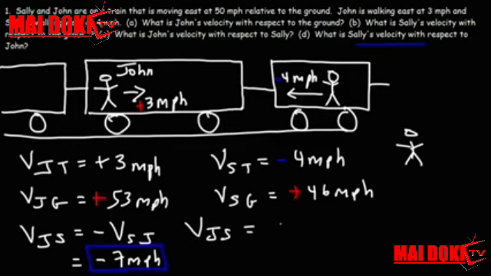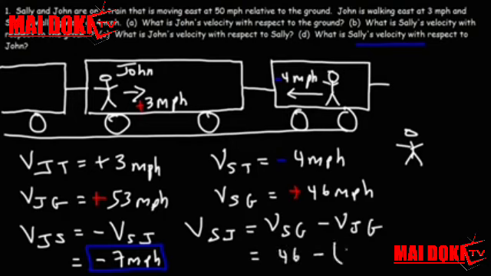VSJ is going to be VS with respect to the ground minus VJ with respect to the ground. So VSG is 46 minus VJG, which is 53, and that will give us negative 7 miles per hour. So that's Sally's velocity with respect to John's.